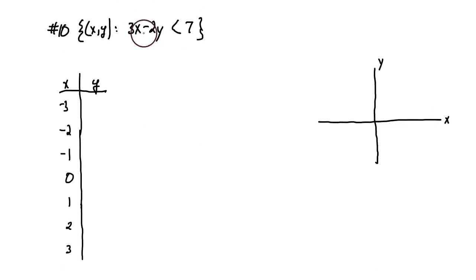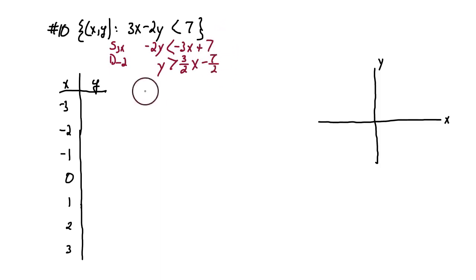Number 10, here's our inequality. It would help us to make the chart if we solve this for y. So let's subtract 3x from both sides, getting -2y is less than -3x plus 7, and then divide by -2. The arrow switches, we get y is greater than 3/2x minus 7/2.